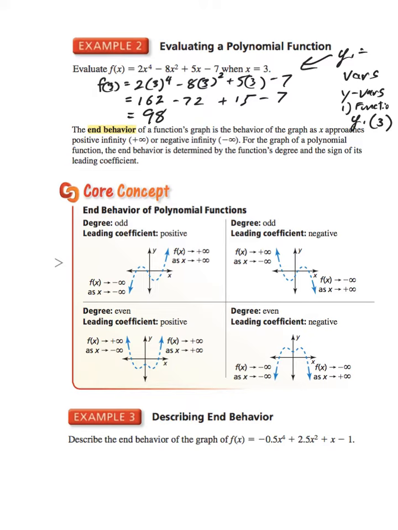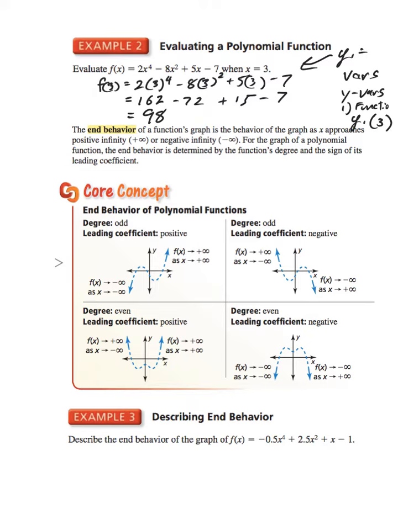Whenever the number before the x cubed is positive, we would expect that as we have larger values of x, as we move to the right toward infinity, the y values get higher and higher and higher. So that's going up to the right.